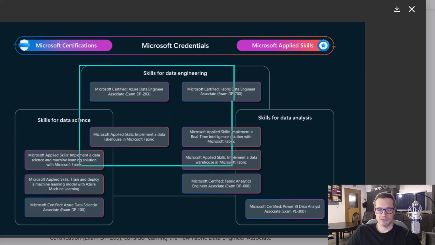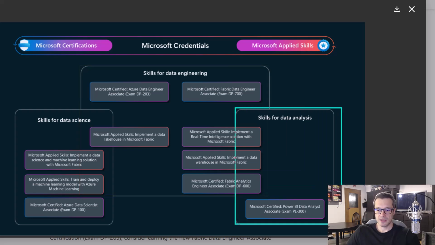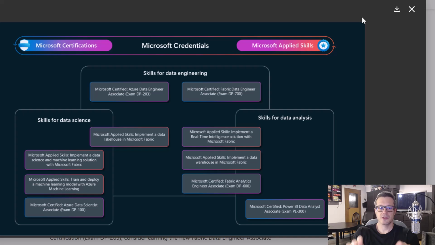In the middle, we've got skills for data engineering, for data engineers. And on the right hand side, we've got skills needed by data analysts. And what we have here is as follows. So let's ignore those Microsoft applied skills for now and let's focus on Microsoft certifications, only those three ones.